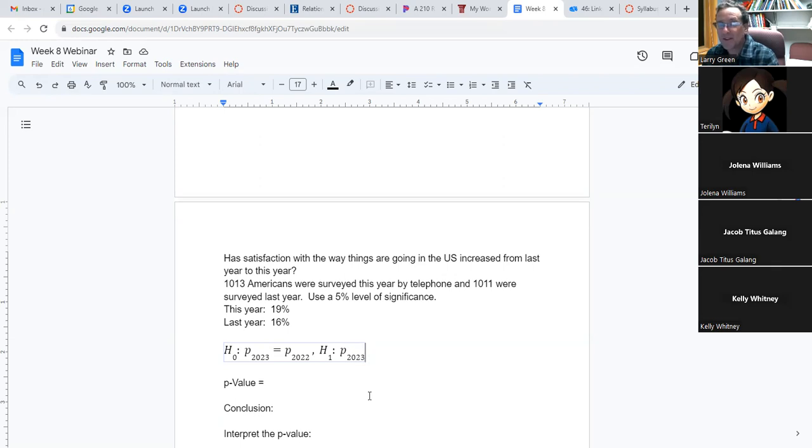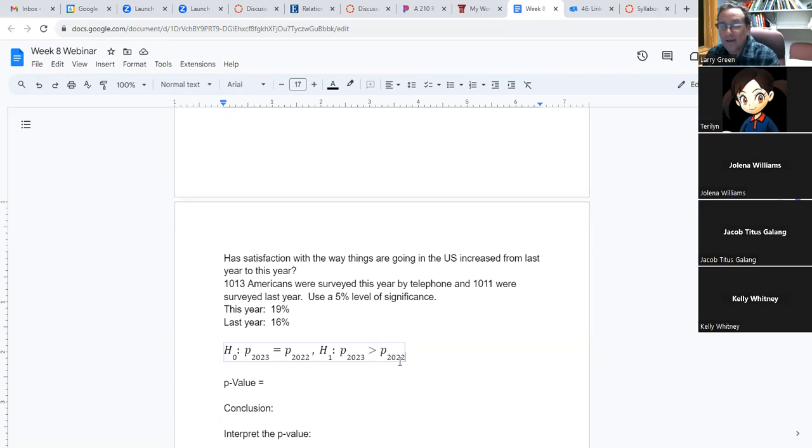Is it less than, greater than, or not equal to? Yeah, it's greater than because the key word here is increased. If it increased, then 2023 is higher than 2022, in terms of the proportion. So that means greater than P sub 2022. Any questions on that?